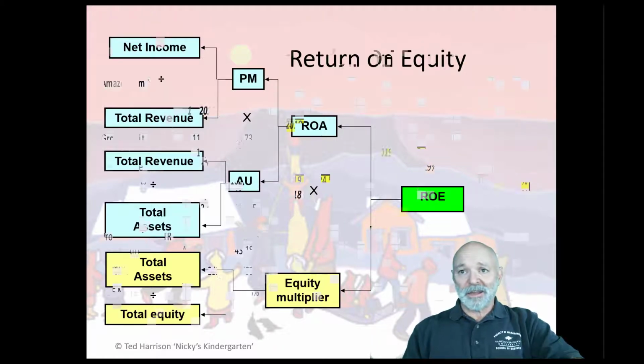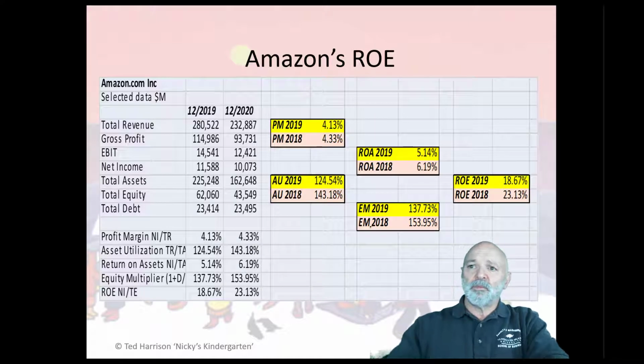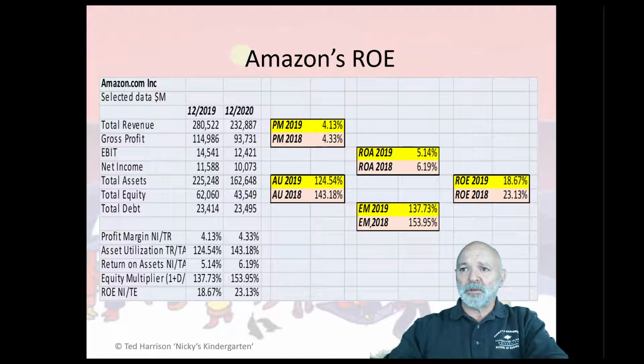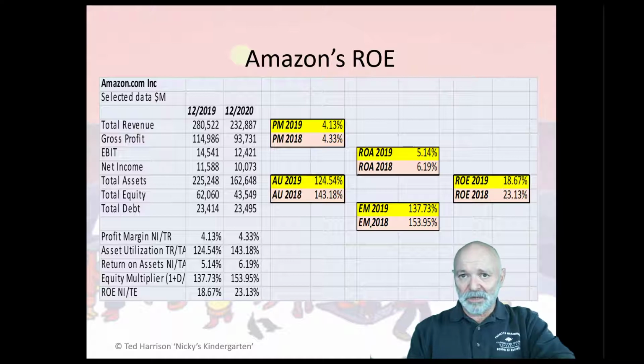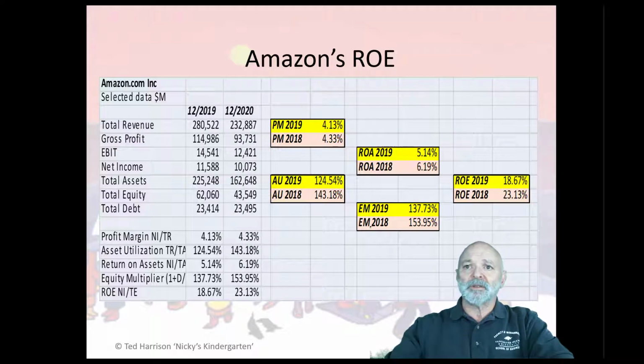Now, for a company like Amazon, it's interesting to see that when we add in the equity multiplier, our financial leverage number, they have about 1.5 times as much debt as they have equity. Oh, sorry, they've got $62 billion worth of equity and only $23 billion worth of debt.